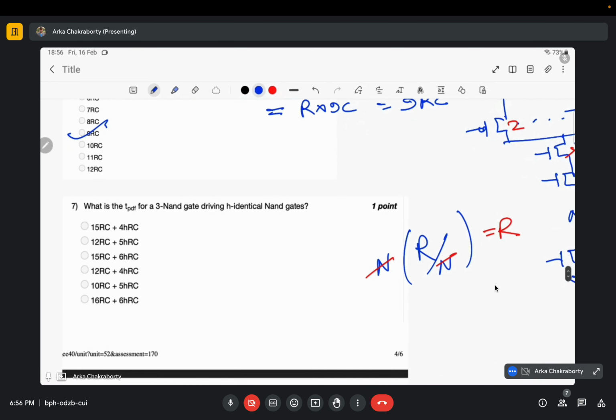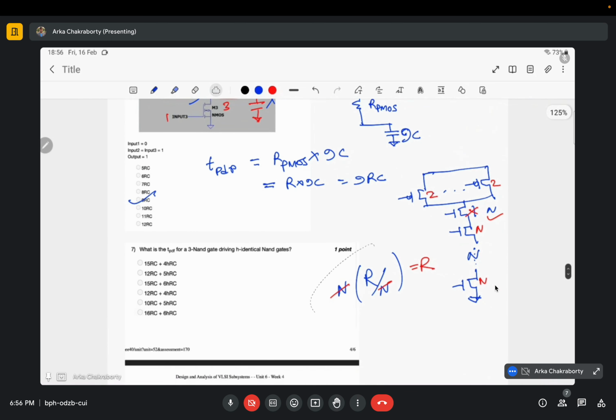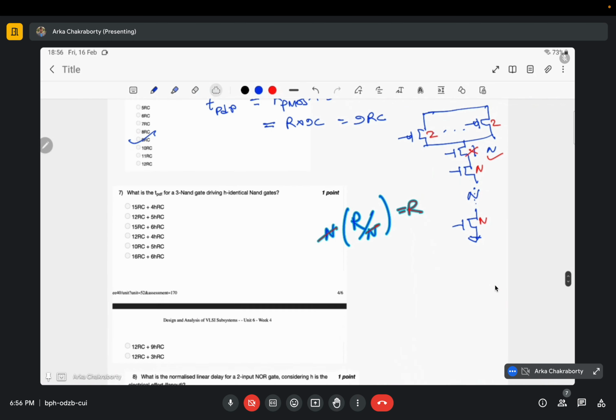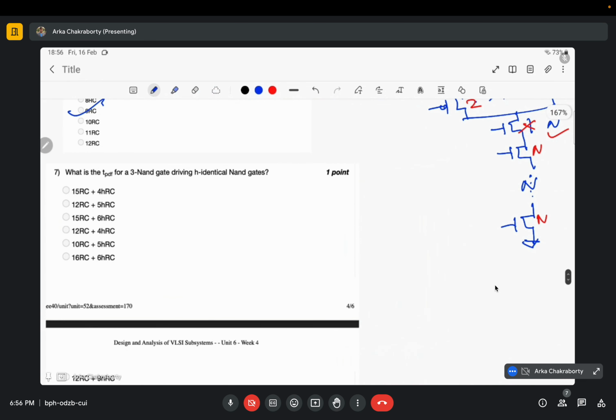What is the propagation delay fall for a 3 input NAND gate driving H identical NAND gates? Fine, let me wrap it. So the question is a 3 input NAND gate.